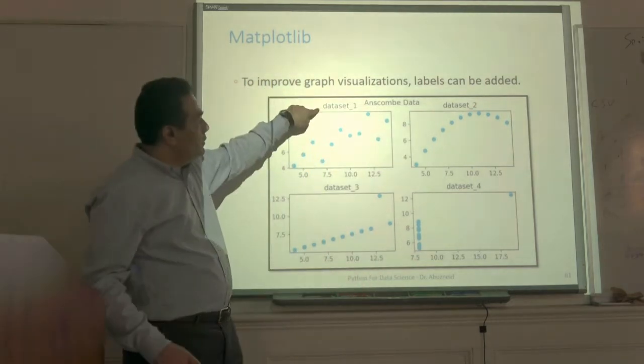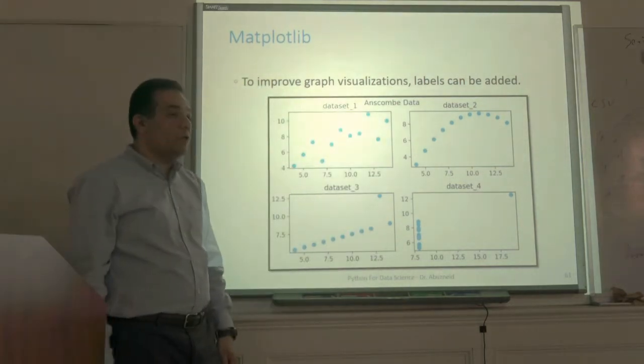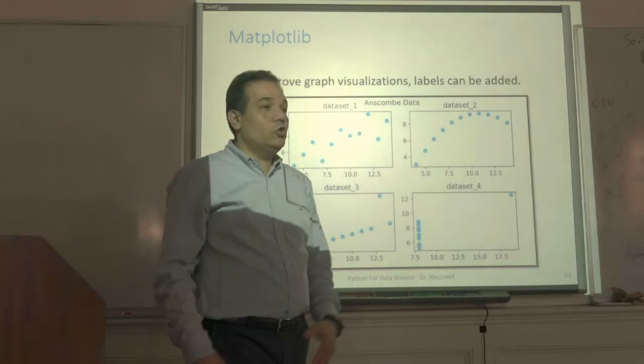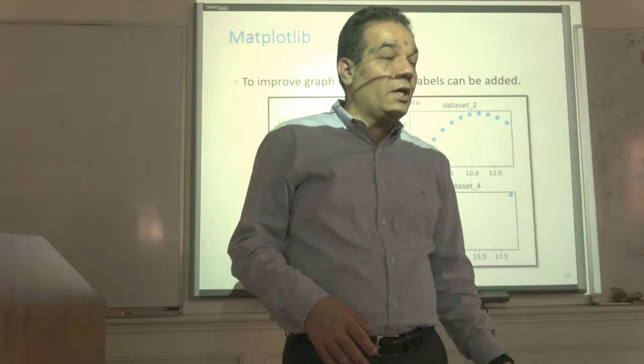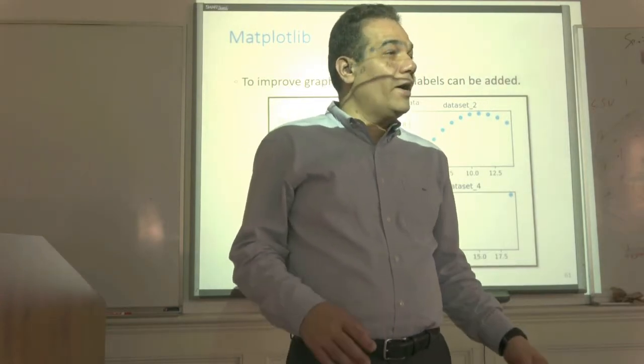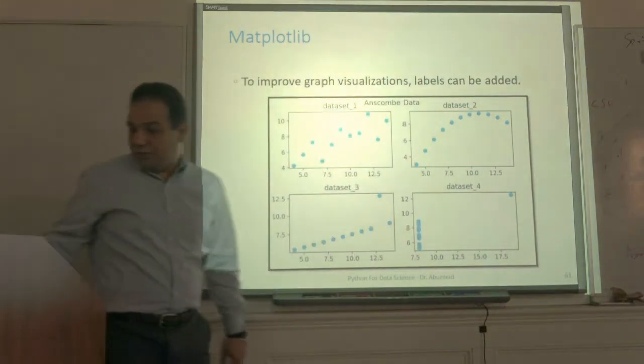This is data set 1, quartet 2, quartet 3. That's the importance of visualizing the data. Many times you can tell much more from the graph than from the data itself.